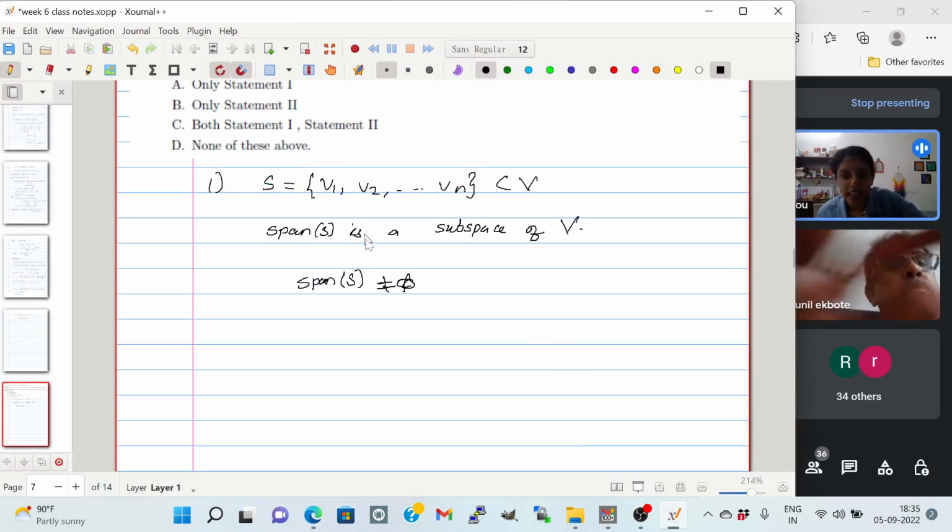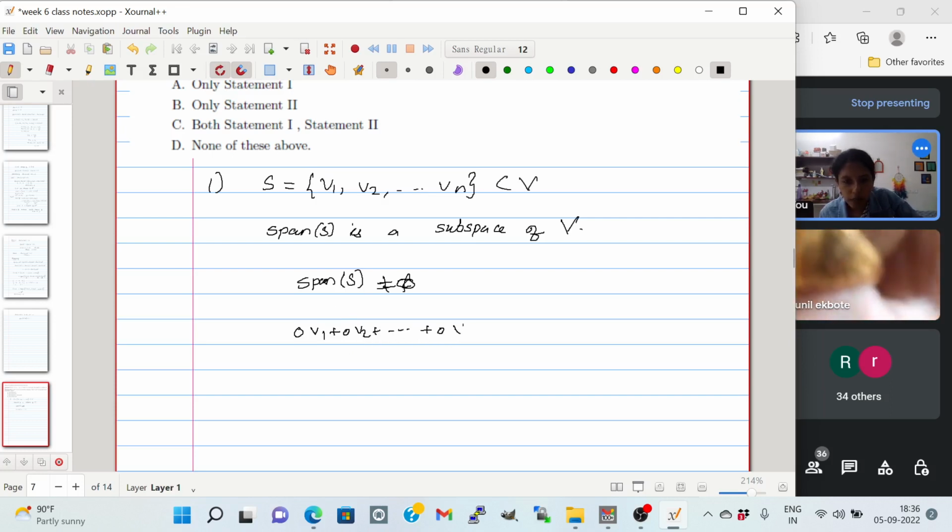Okay. Here span S is a non-empty set because V1, V2, etc., Vn are all in S, so they will be in span S also. Okay, this is a non-empty set. And also, if you have doubt whether there is a 0 or not: what is span S? Span S means the set of all linear combinations. I can take 0 V1 plus 0 V2 plus etc. plus 0 Vn.